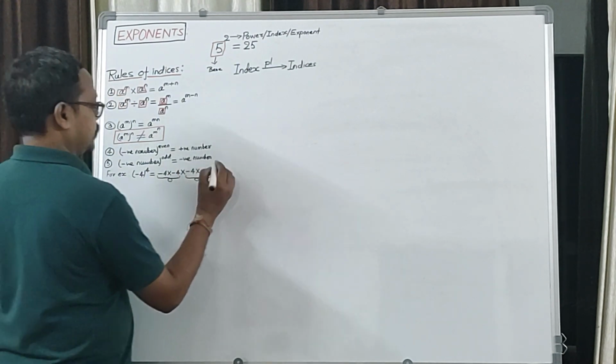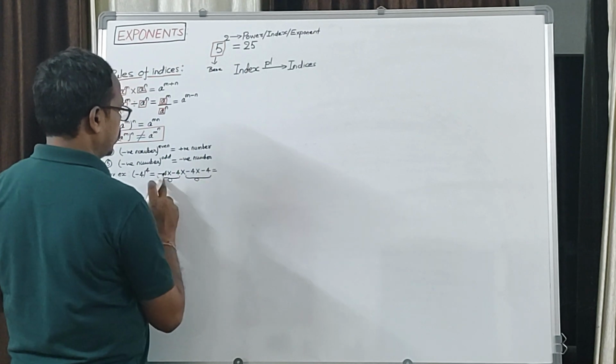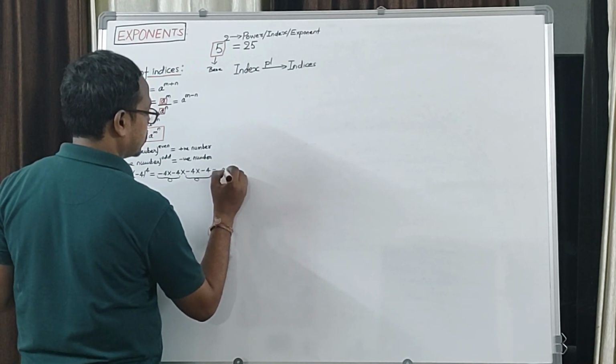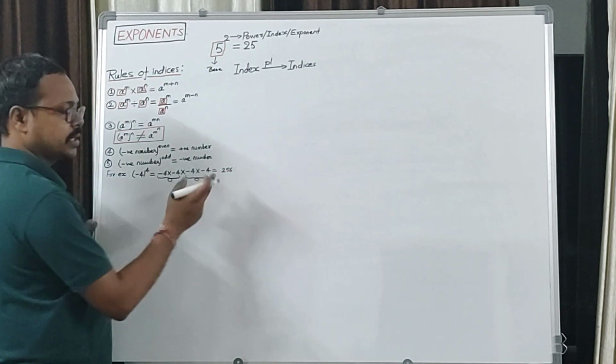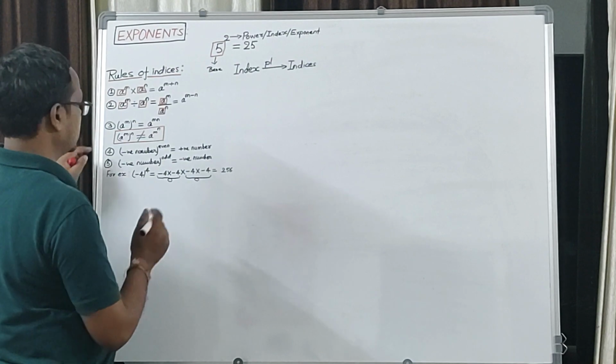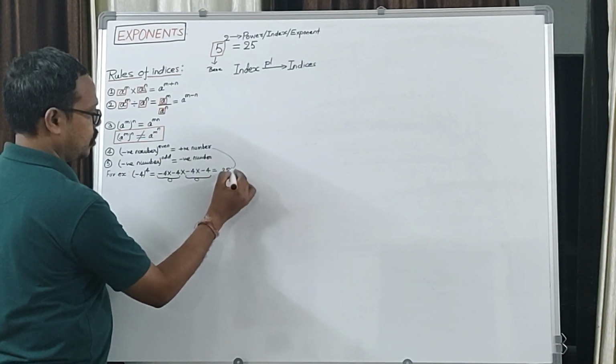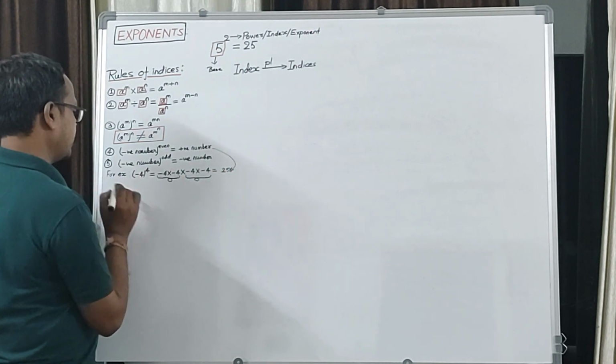So what it becomes? It becomes plus 4 into 4, 16, 16 into 16. So it becomes 256. It's plus 256. If no sign is mentioned, that means it is plus, okay? So it is the example of this, right?